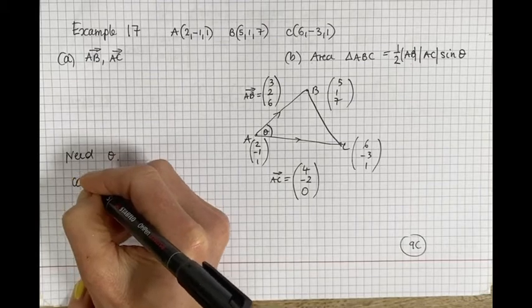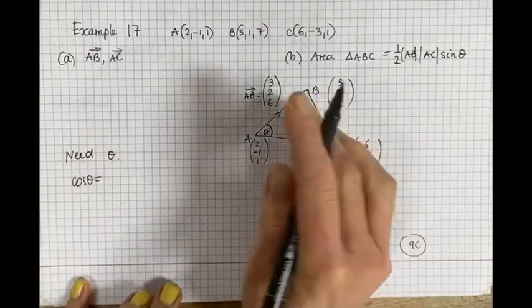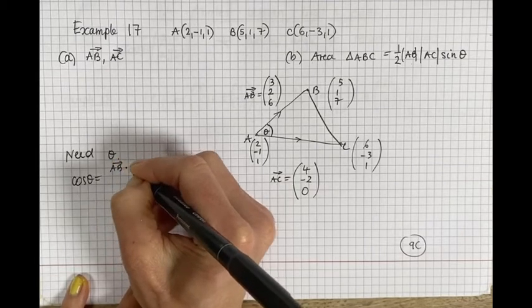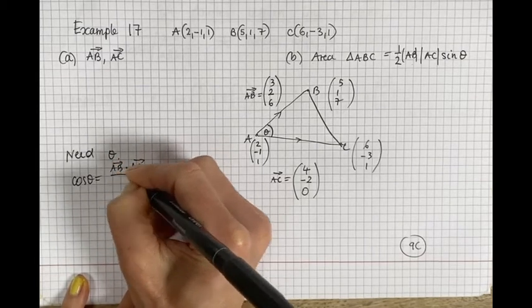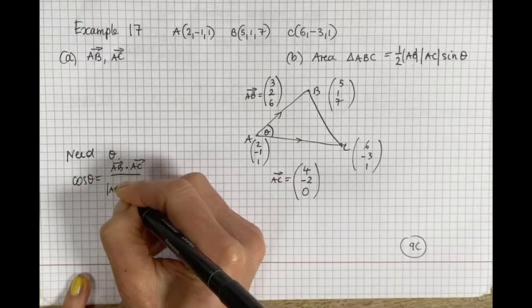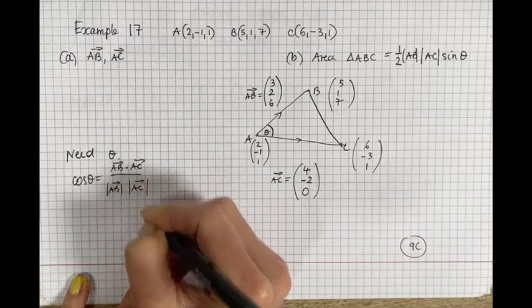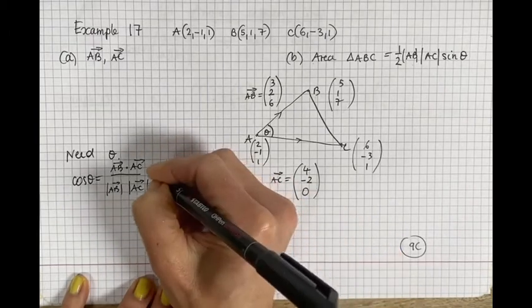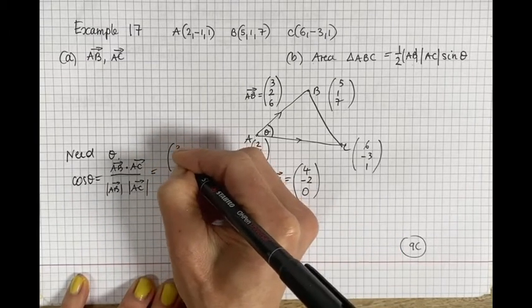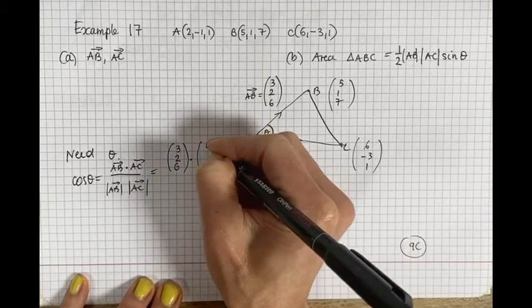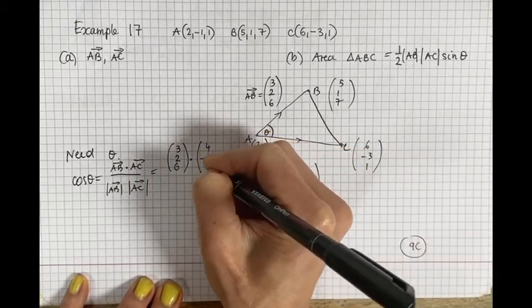So we use cos theta is equal to the dot product of AB and AC, over the length of AB and AC. So the dot product here is going to be (3, 2, 6) dotted together with (4, -2, 0).